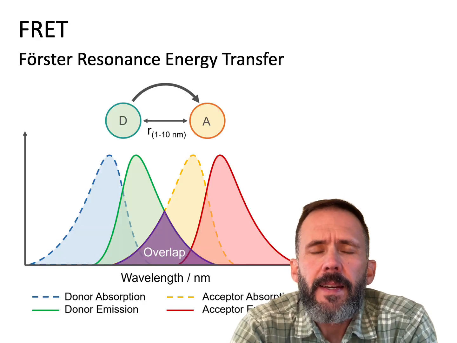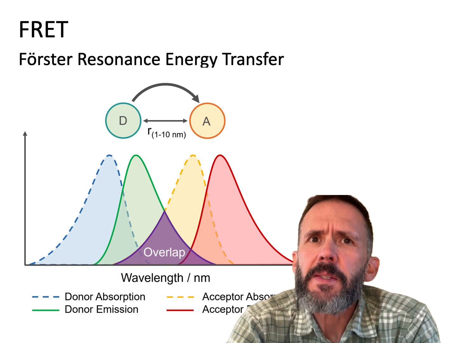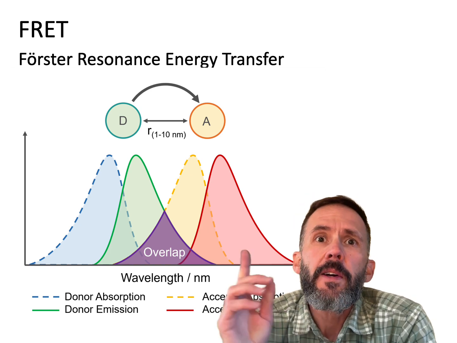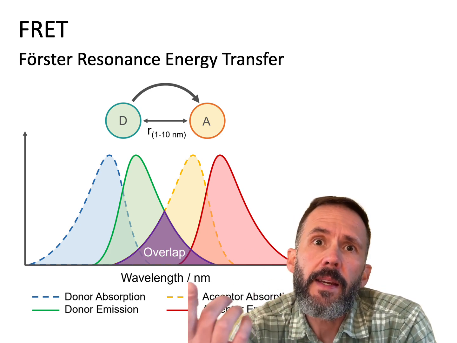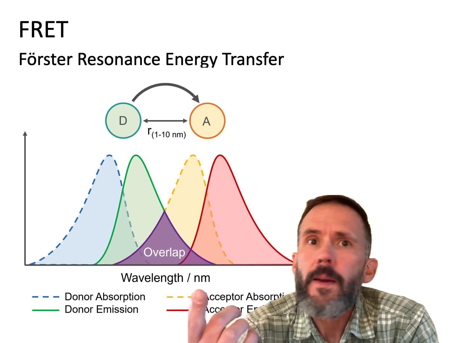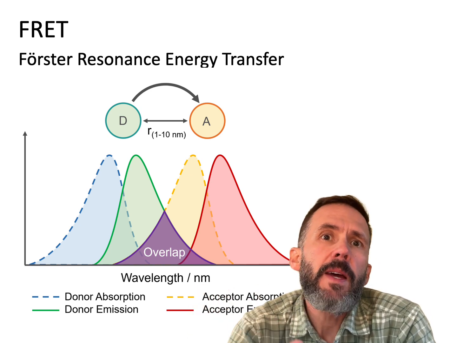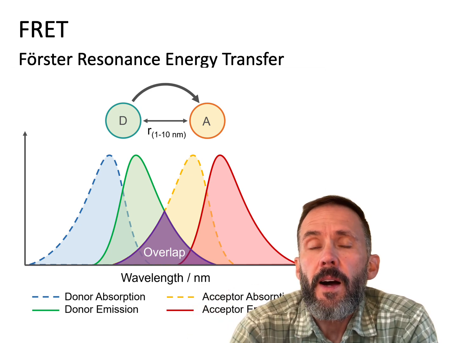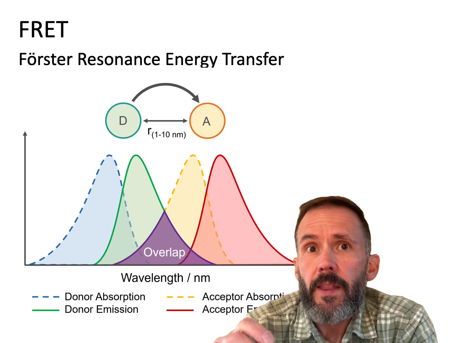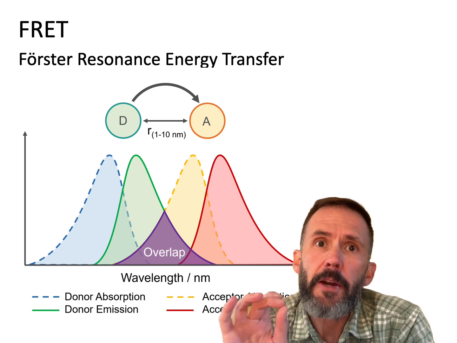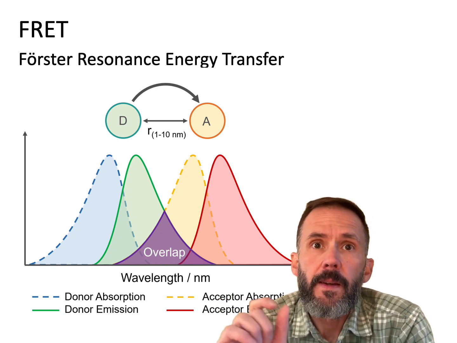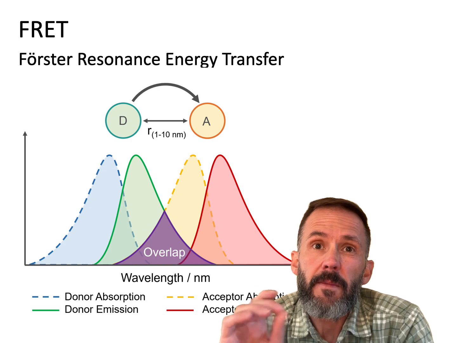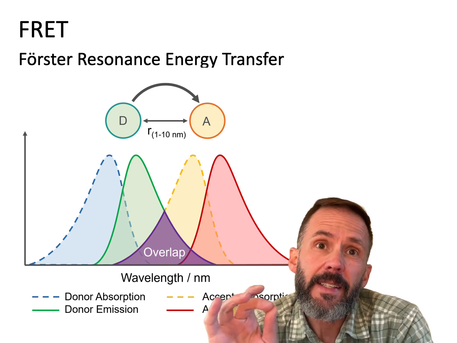So FRET deals with fluorescence molecules, and as you know, fluorescent molecules have to be excited by a photon of one wavelength, and then they emit a photon of a different wavelength. Right? And that's because there's some energy lost within this process that's lost as vibrational energy or heat.